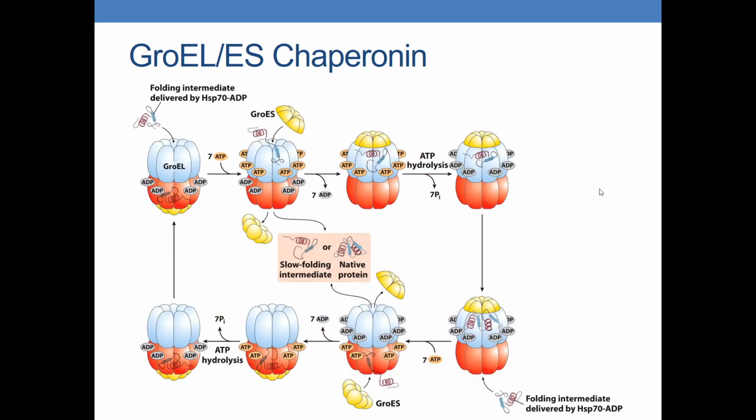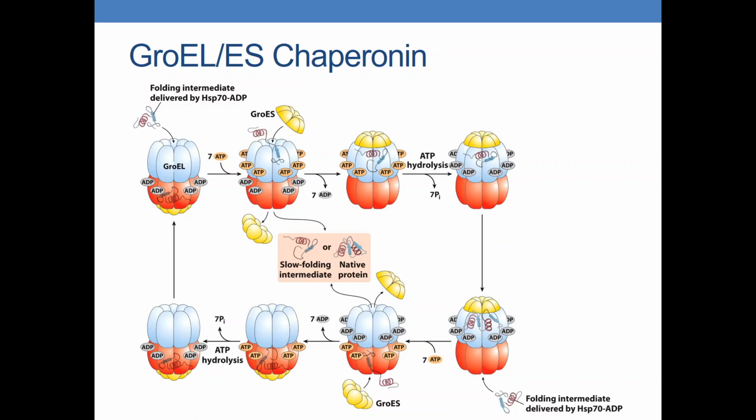This is also going to accompany a mechanical force that is going to be applied. So remember, in this state, my substrate is bound to that nonpolar surface, and upon hydrolysis, it remains bound for a time to that protein substrate, but as the conformational change occurs, it applies a tugging force to that bound protein substrate.